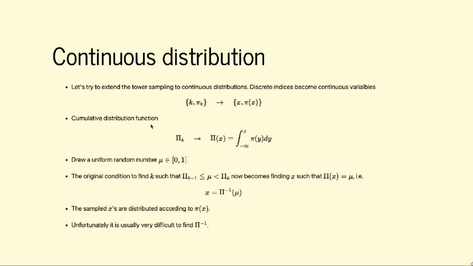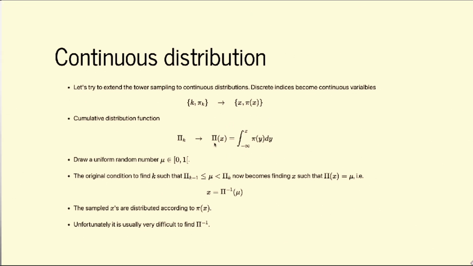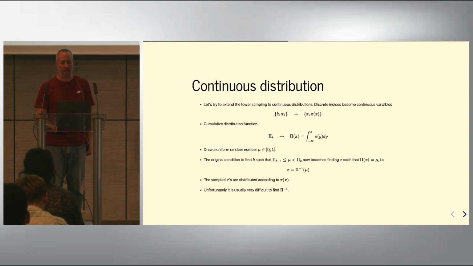What was originally my cumulative distribution function is now the integral from minus infinity all the way to x of my target probability distribution. That's this function capital pi. I draw a number between 0 and 1, and identifying where it fell is really identifying now the value of x of my cumulative distribution function such that it gives you mu, the number that I drew. So I basically need to invert this.